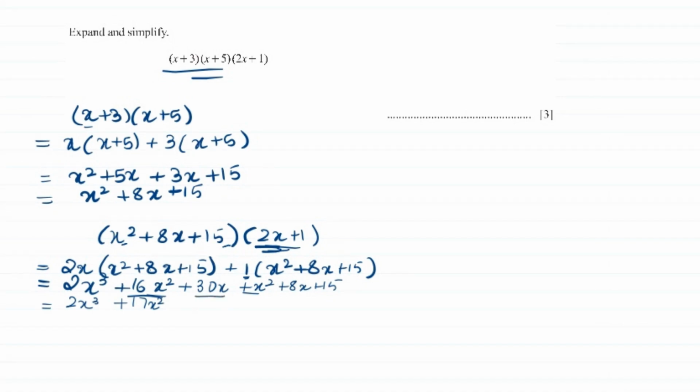I add the 30x with the 8x, so it gives me 38x plus 15. So the final answer thus becomes 2x cube plus 17x square plus 38x plus 15.